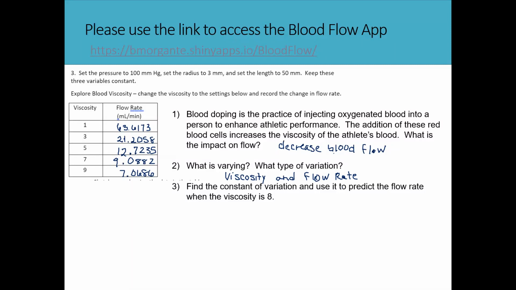And then it asked me what type of variation. So this really goes back to what I observed in question 1, and that is that as the viscosity values went up in value, the flow rate values went down in value. So one goes up and one goes down, which is an inverse relationship.